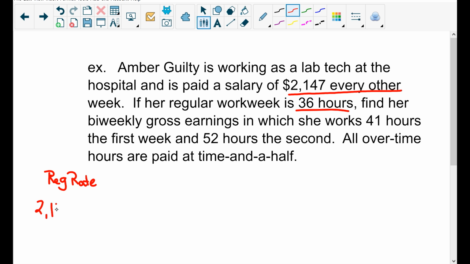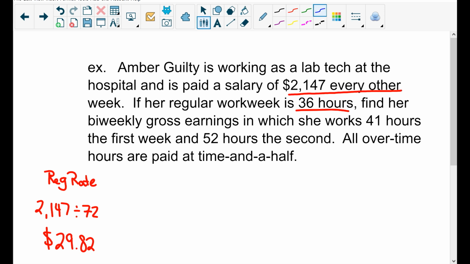Careful, remember that's 2 weeks. So each week she worked 36 and 36, so we double that to 72. So 2147 divided by 72 gives us a regular rate of $29.82.